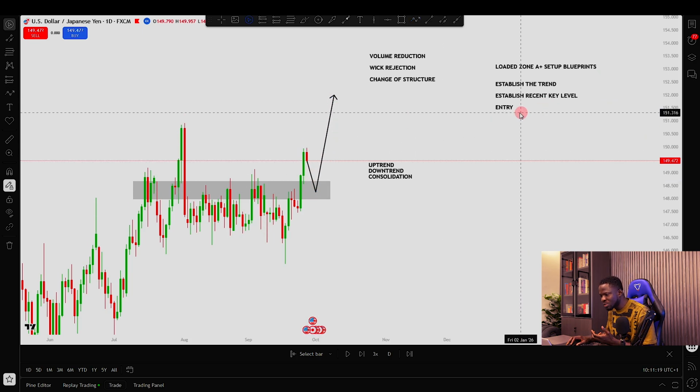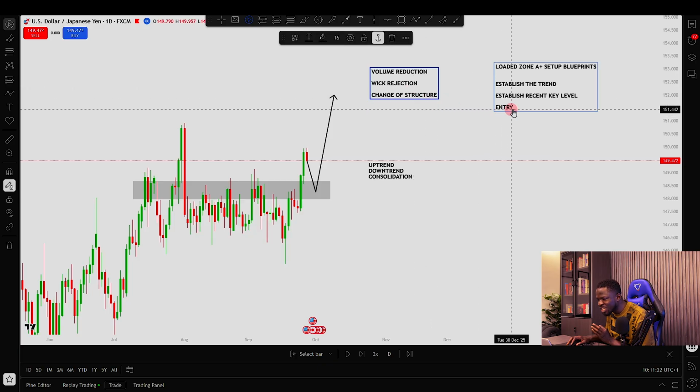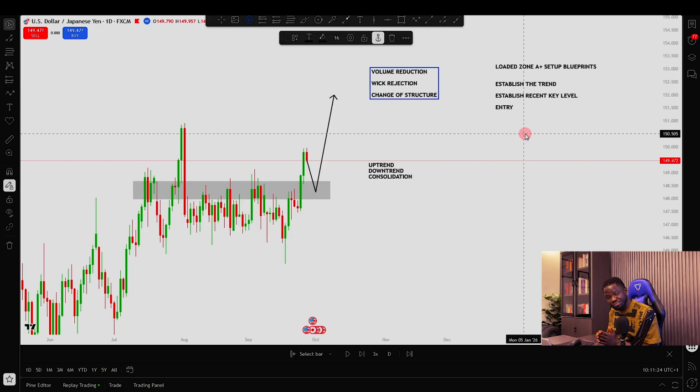And the last one on the list is the entry step under our Loaded Zone A+ Setup Blueprint. Under this entry section, what are we looking for? Number one, we must establish our entry criteria, our confluences, before we execute on the price action. What are the entry confluences?